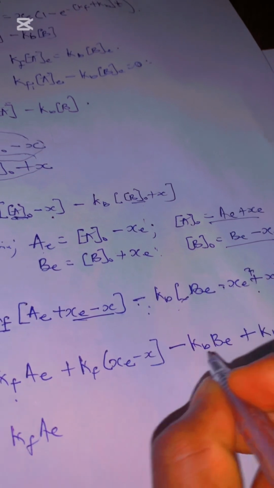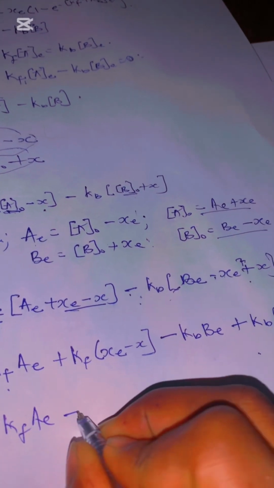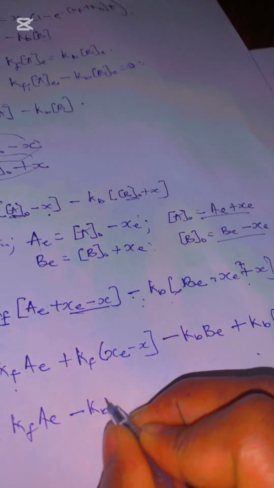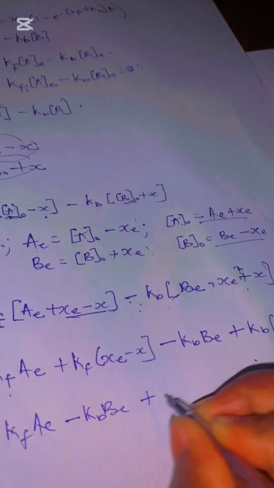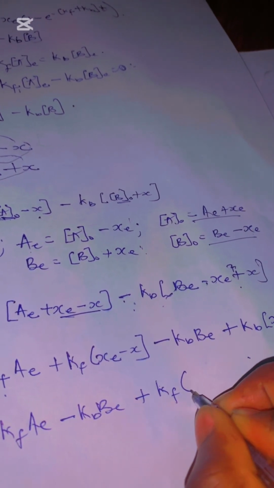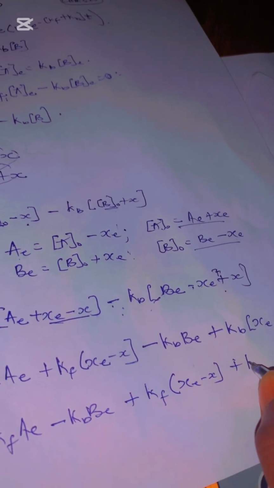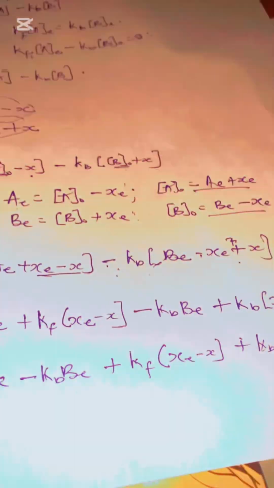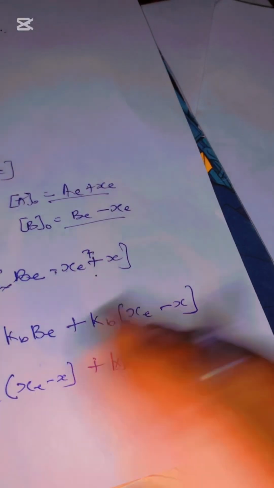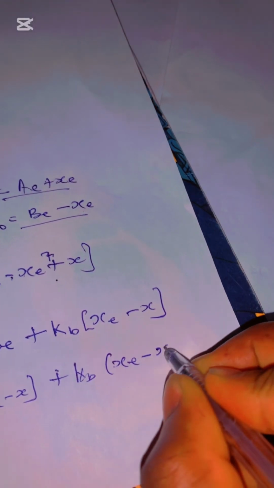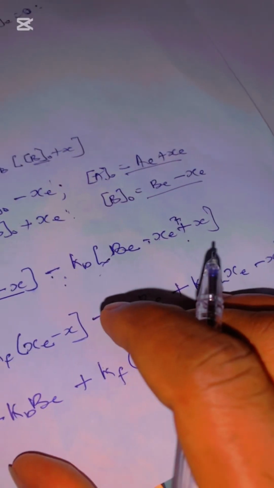Now this is kb minus e. They look alike. I can put it by the side, kb and be, and then we have plus kf open bracket xe minus x, and they have plus kb open bracket, so xe minus x. So we have that.